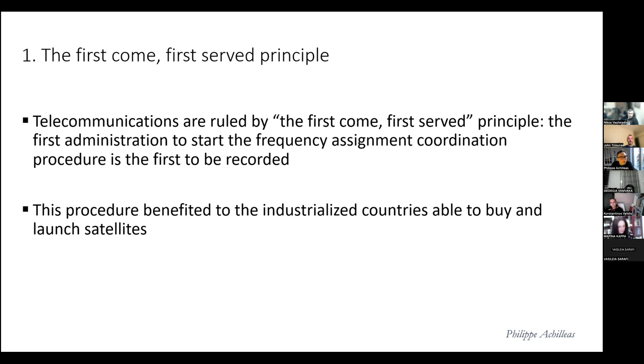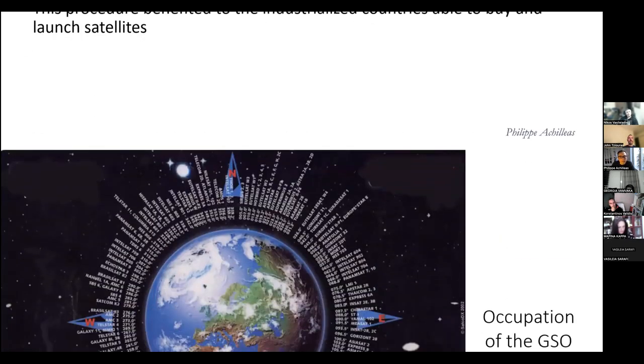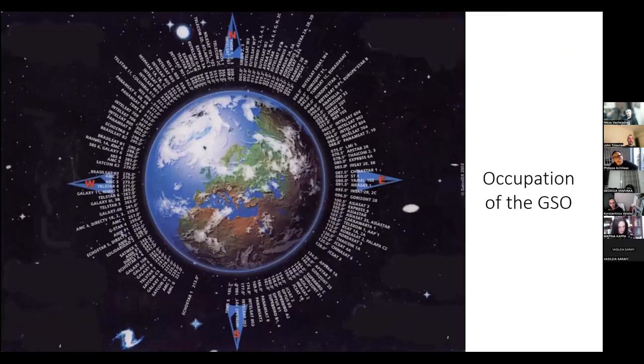So developing countries said, well, the system is not working for us. The system works only for those that have the means to launch a satellite and to operate the satellites. So this is not a right system. We need to review the system. So ITU said, okay, and you see here the representation of the geostationary satellite orbit.